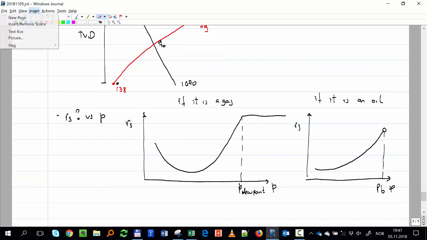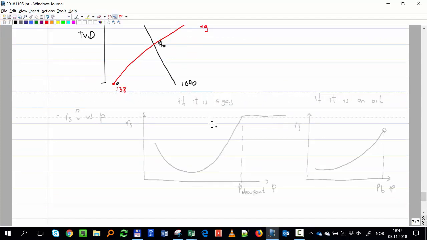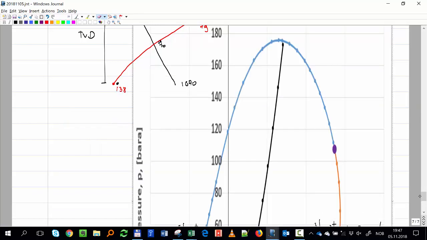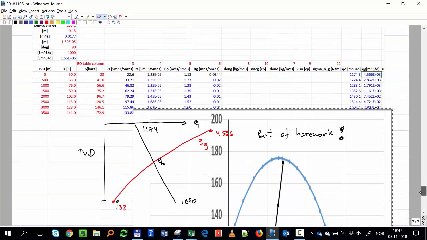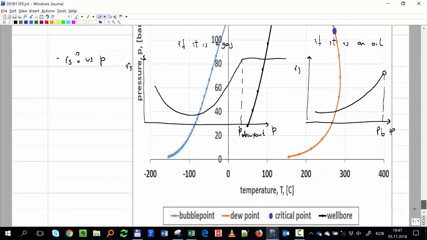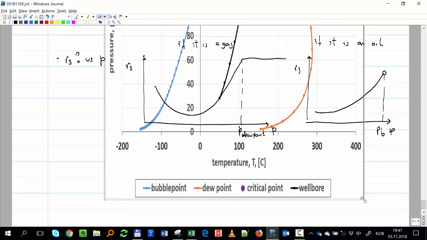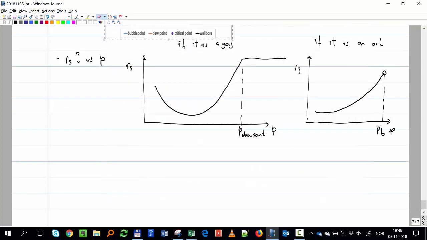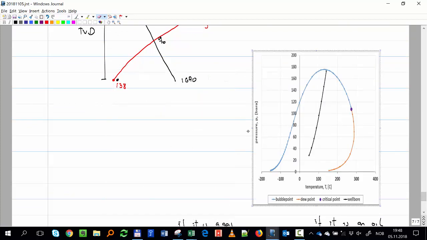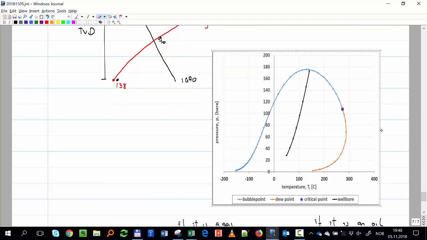Let me insert some more space. And you see exactly what I was explaining before.